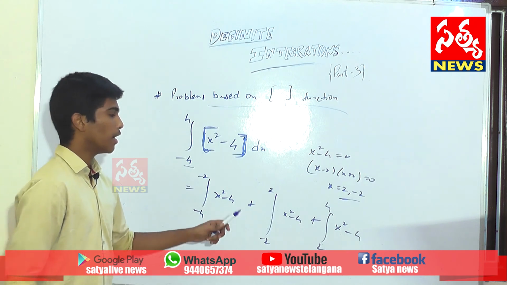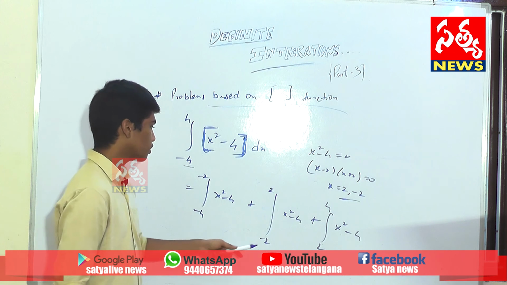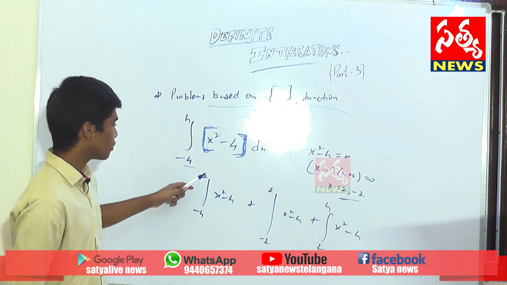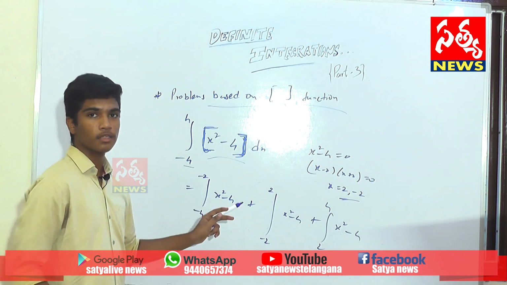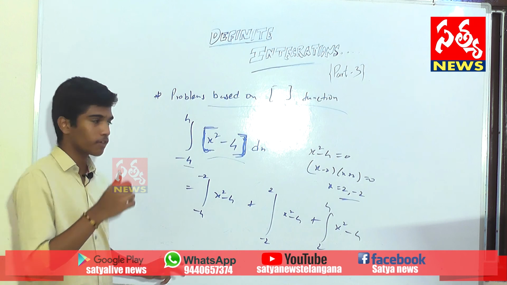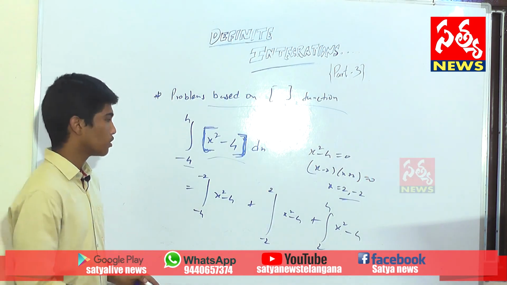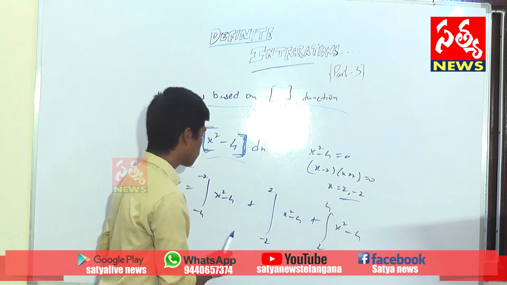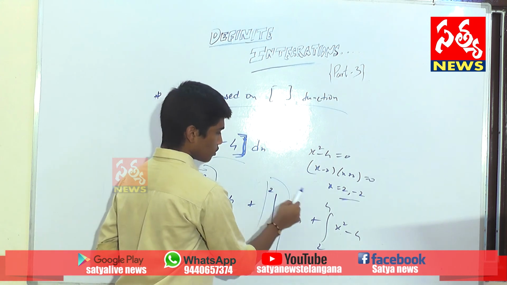Then we integrate directly and apply the limits, and we get the answer. Any step function should be done in this same way. First we have to find the range, and then separate the limits.